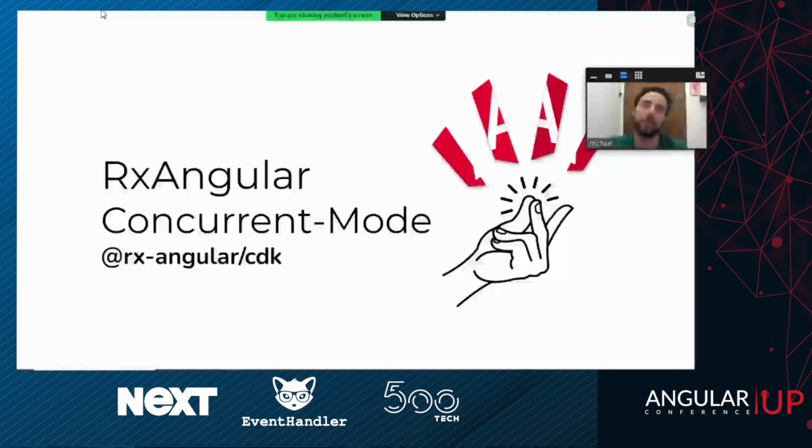This is where we ship the structural directives, RxLet, RxFor, also the push pipe that I introduced 1.5 years ago. And then we also ship RxAngular/state, the first local state management that was delivered for Angular, I guess, 2.5 years ago.